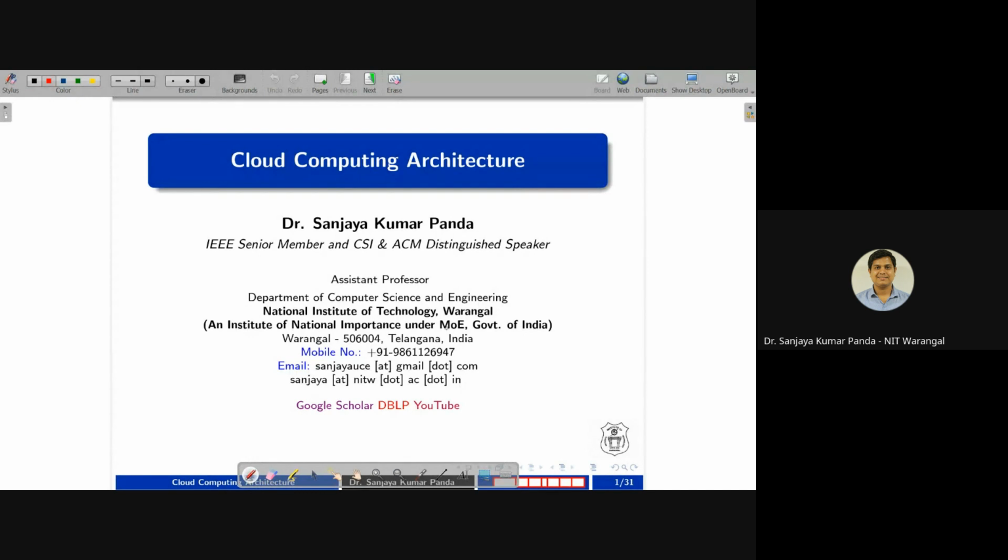So, in the first session, we have seen the fundamental aspects of cloud computing. Especially, we have seen the different types of cloud as per the deployment model, and we have also seen the service model. If you go from the deployment model perspective, then we can say there is a public cloud, private cloud, community cloud, and hybrid cloud.